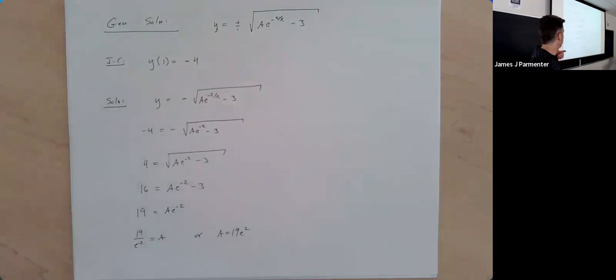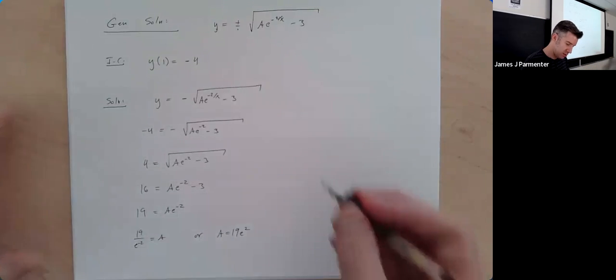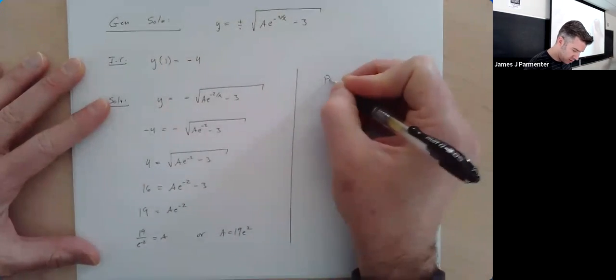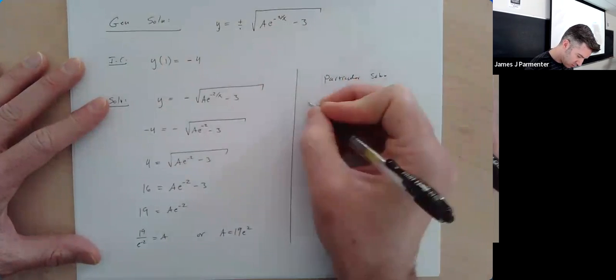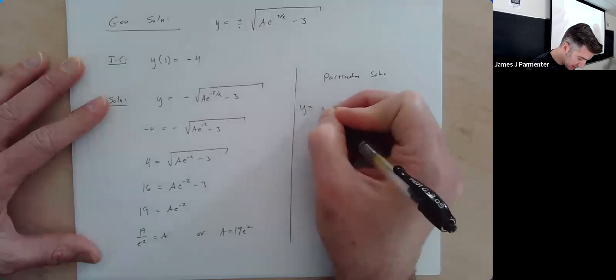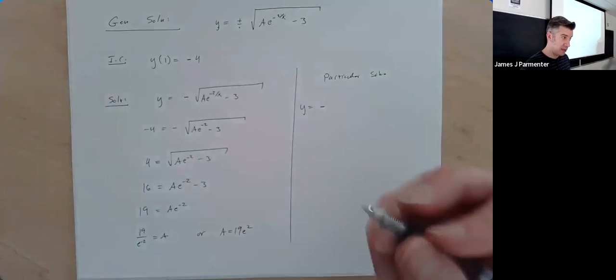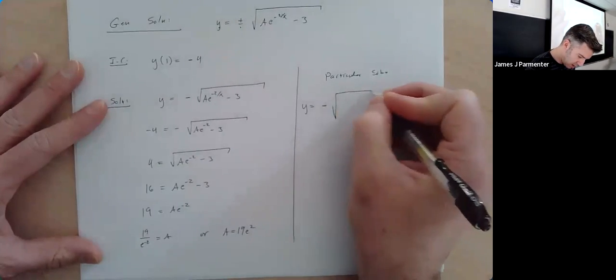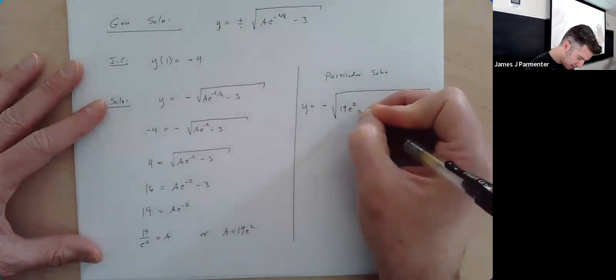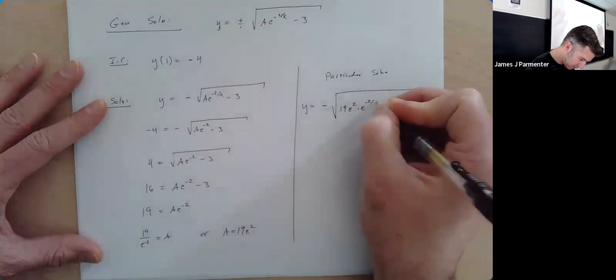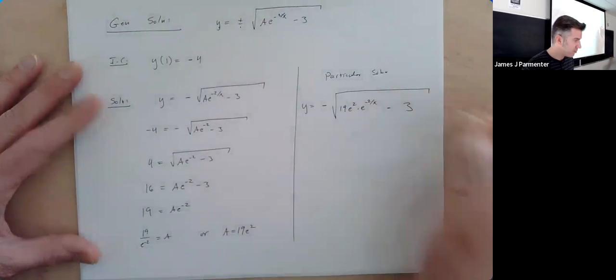And I would be remiss if I didn't mention that this is not where you stop. You have to plug it back in to actually write your final particular solution. So our particular solution would be y equal to just negative, not plus or minus, the square root of a, which is 19e squared times e to the -2 over x minus 3.